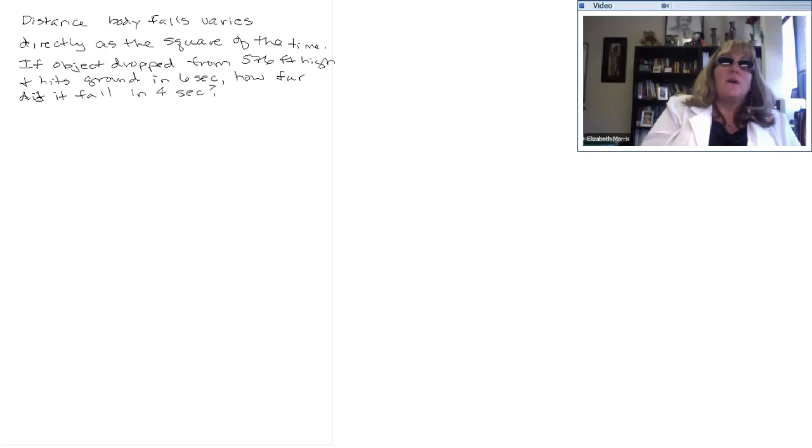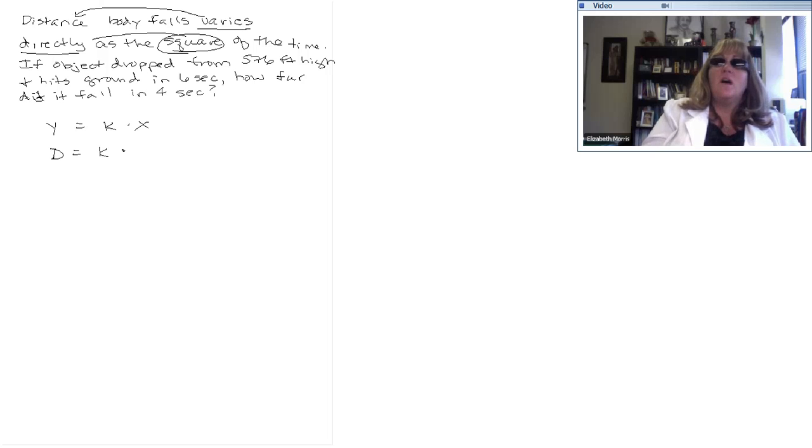Now, varies directly is directly proportional, which is y equals kx. But I want you to notice what comes after the word "as": the square of time. So we not only put a t here, but we have to square it. Sometimes there'll be little variations like that. It just adds a dimension to the formula, that's all.